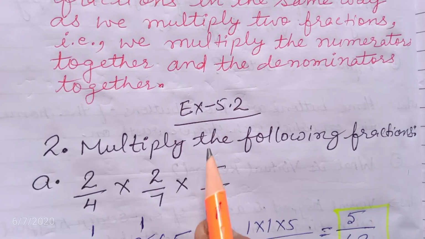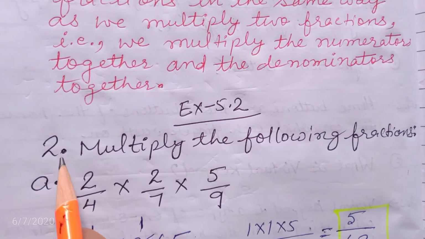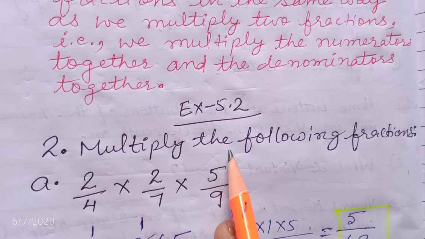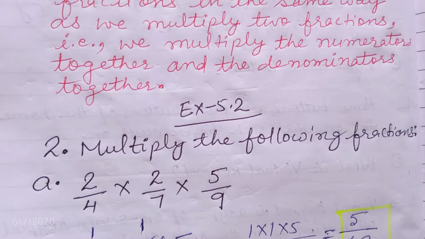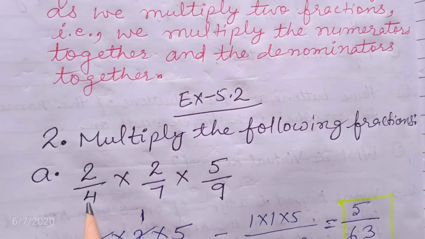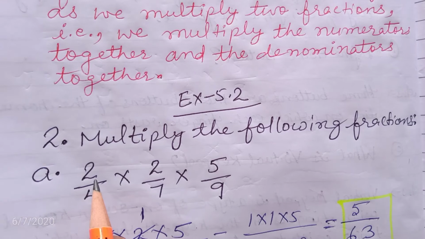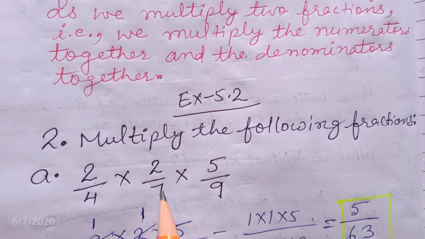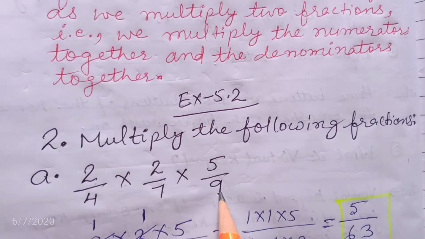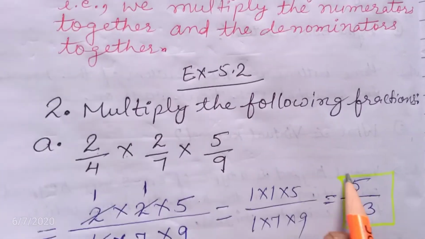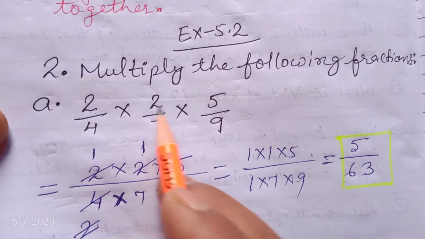Let's see examples, students. Exercise 5.2, question number 2. Multiply the following fractions. See the first question: 2 by 4 into 2 by 7 into 5 by 9. Here the numerators are 2, 2 and 5.